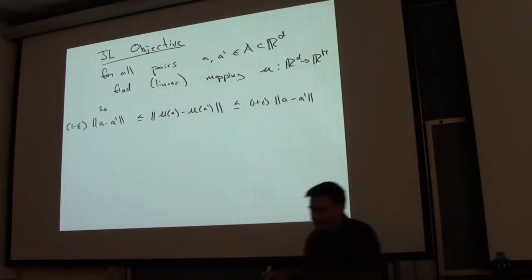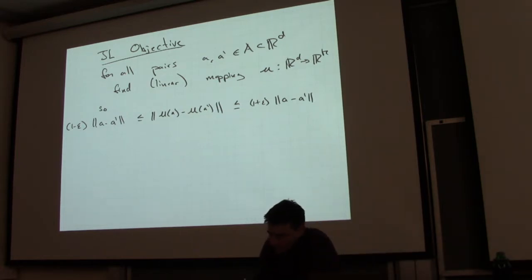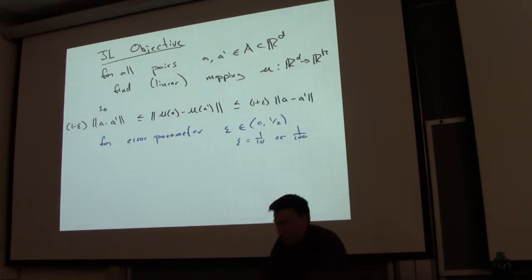There's some epsilon parameter, and so epsilon will have to be between, say, 0 and 1/2. Typically, epsilon equals, think of it as, say, 1/10 or 1 out of 100.